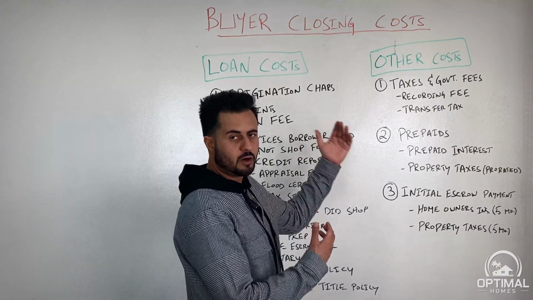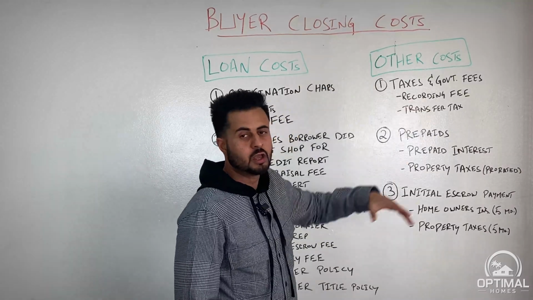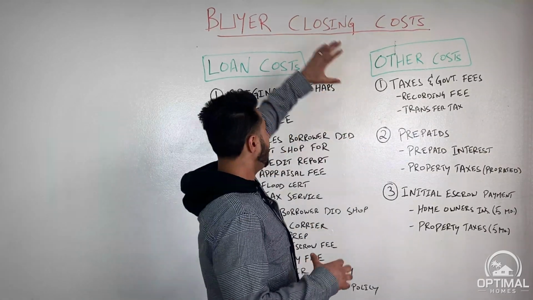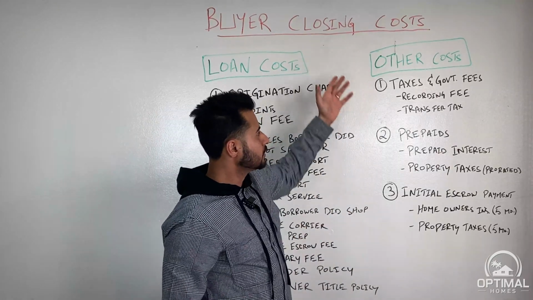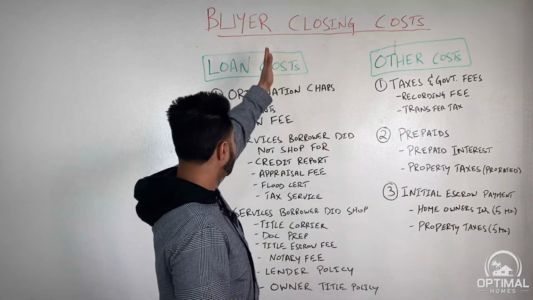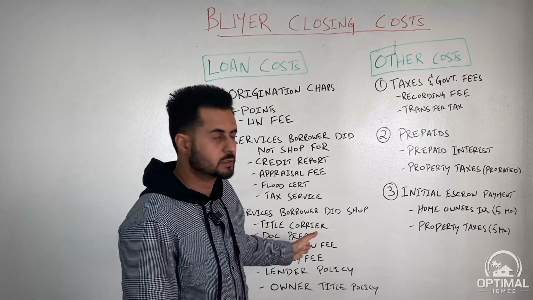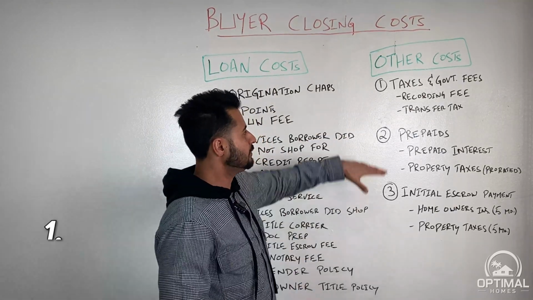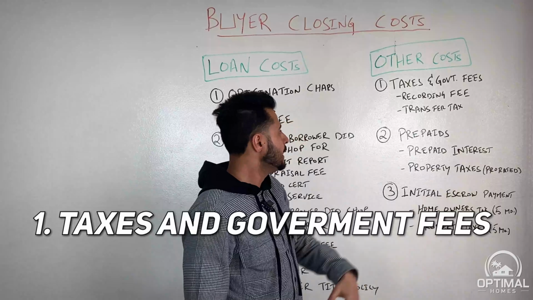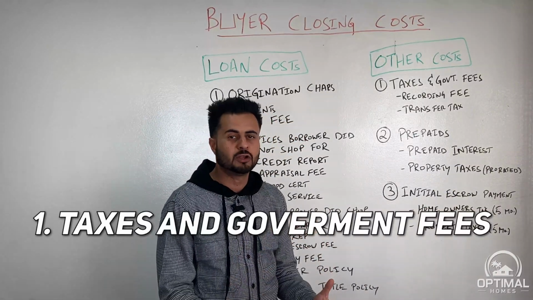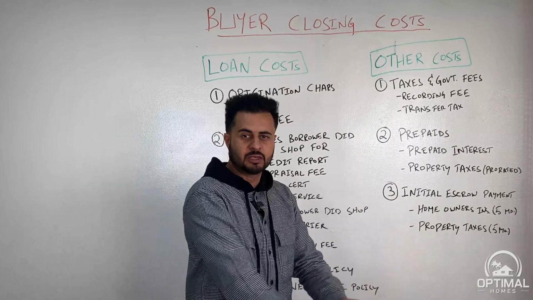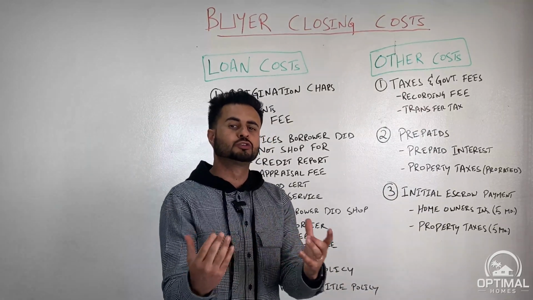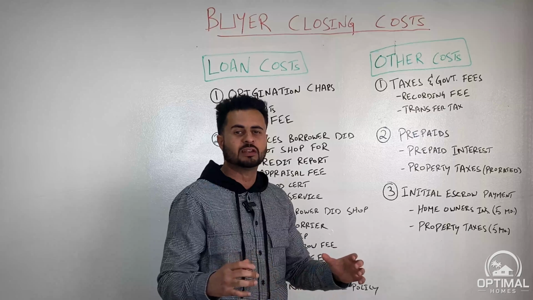Then moving forward on the other side, you have other costs which are still under the all-encompassing umbrella of closing costs, but they're titled as other costs because they're not your loan costs. Under that you have taxes and government fees. Depending on what county you're closing your transaction in, say Alameda County, Contra Costa County or San Joaquin County, each county is going to have its own set of fees.